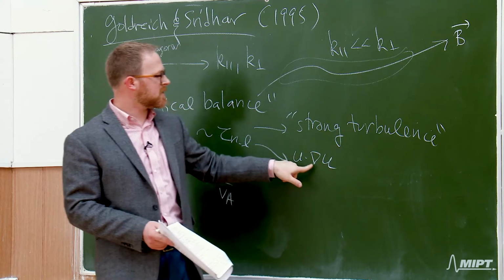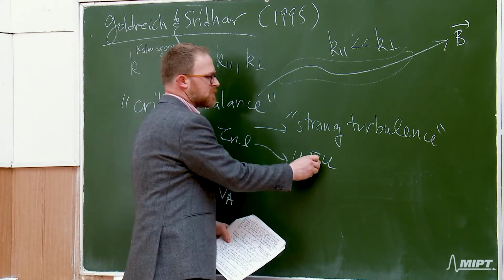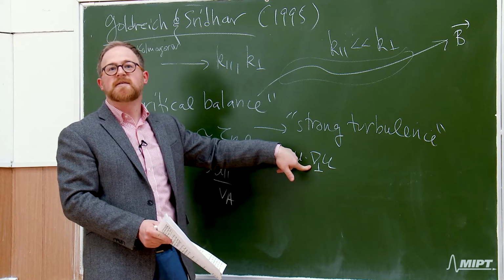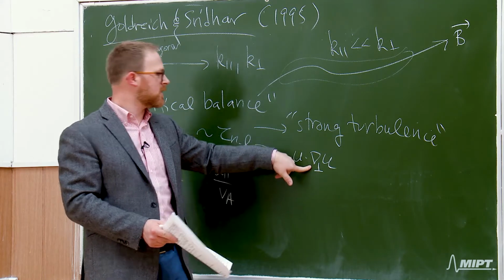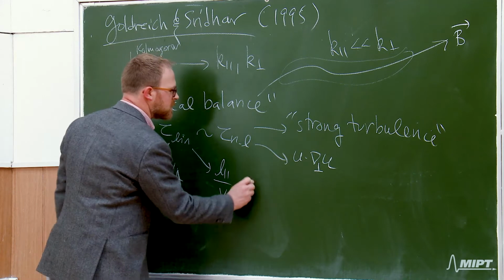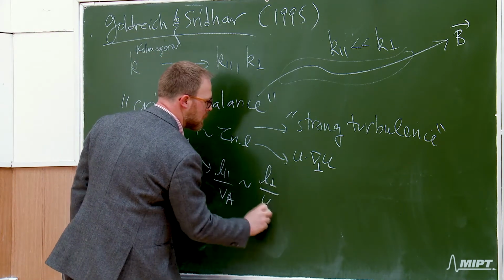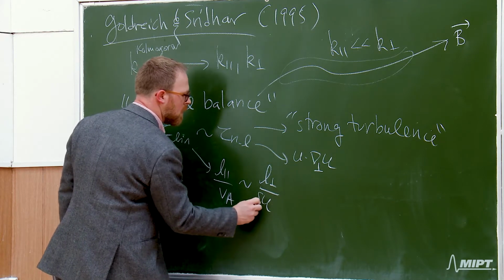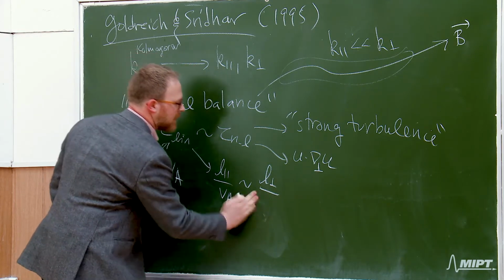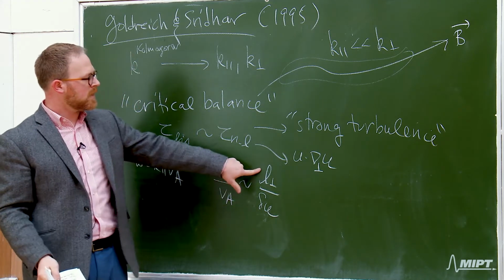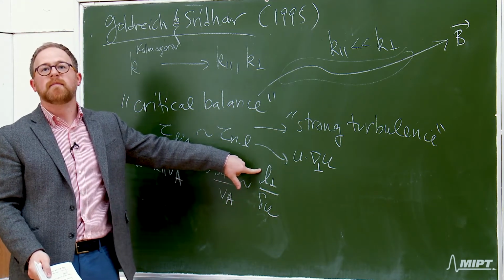What that means is that this gradient is dominated by its perpendicular component, right? k perp is much bigger than k parallel. So this gradient is the dominant gradient, which means that the nonlinear timescale is associated with L perp.